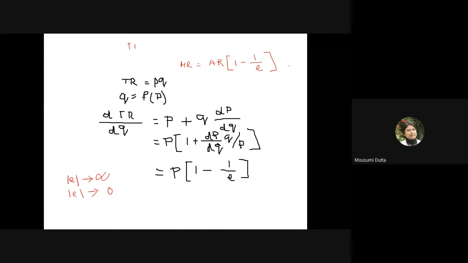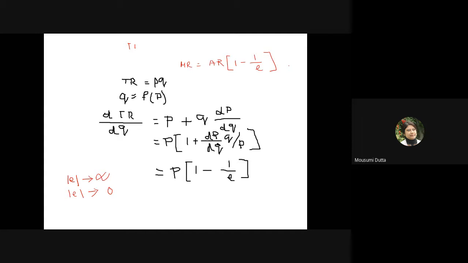Yes, 1 minus 1 by 0, you know, so it is infinity kind of thing. So P is a fixed amount. So this entire thing will move towards infinity. So these are the extremes.